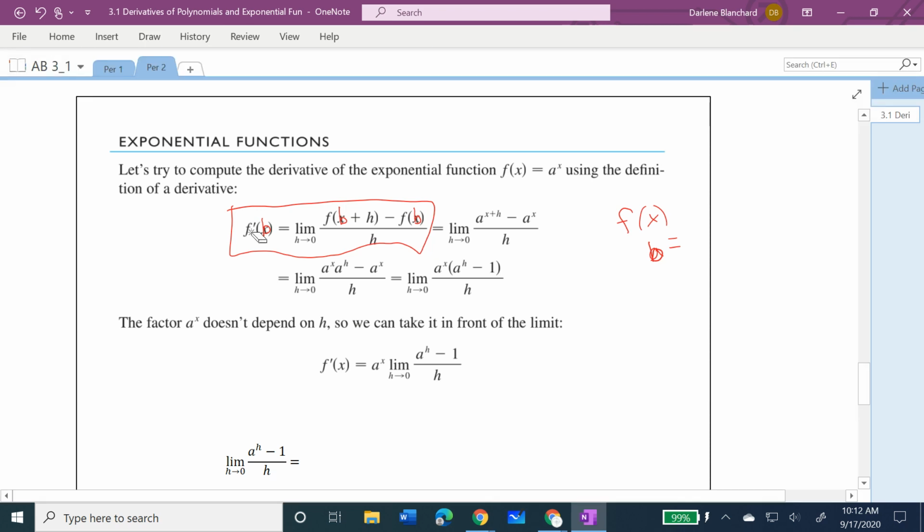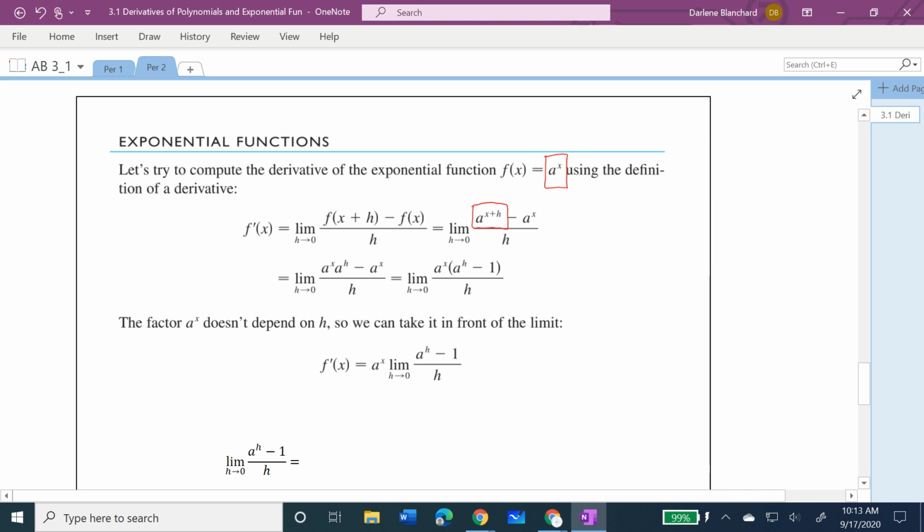All right, I'm going to erase that out of the way and talk about this, because if you understand this limit, it's really going to help you with understanding the formula for the derivative of exponential functions. If I'm dealing with the function a to the x, where a is a real number and x is the variable, when I plug in x plus h, I get this.